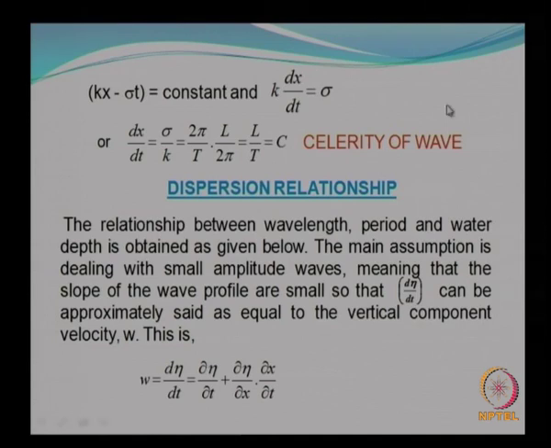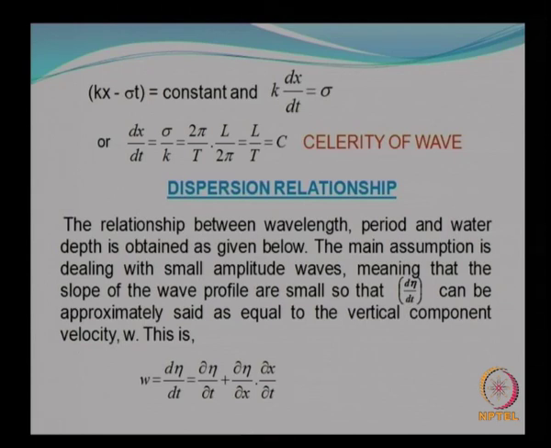When I say that this is a constant, k, as I said earlier, is 2 pi by L, and sigma is nothing but 2 pi by T. So when I carry out the simplification, I will get a value dx by dt, it boils down to L by T. What is L by T?